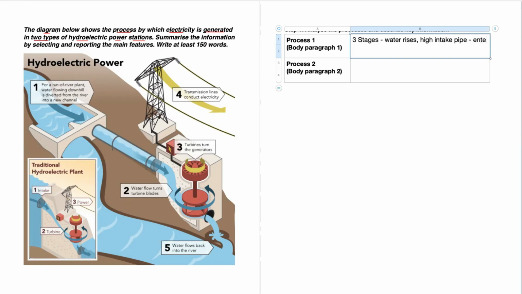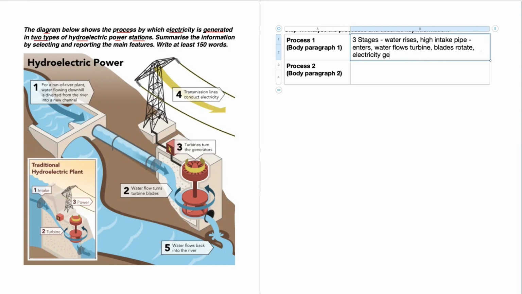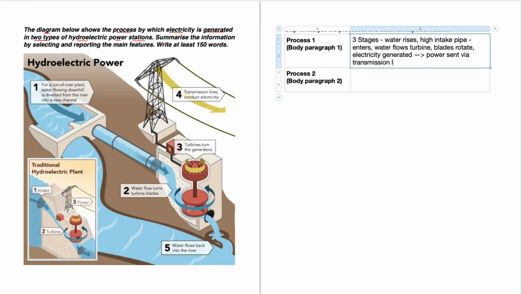Then it enters, the water flows into a turbine chamber, the blades rotate, and then electricity is generated. Then I see that the power is sent to customers with what looks to be transmission lines. So I'm just going to make that note. And that is all we really have to say for the process 1.